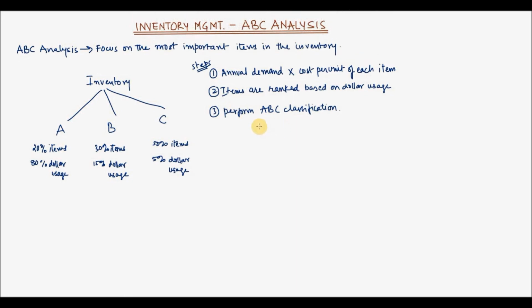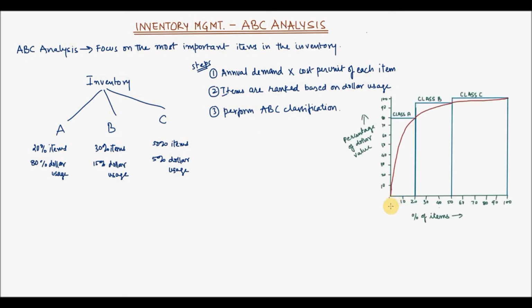So in subsequent videos, we will solve examples of this, but let me show you how pictorially this ABC classification looks like. So as you can see in this graph, the x-axis has percentage of items and the y-axis has percentage of dollar value for these items.